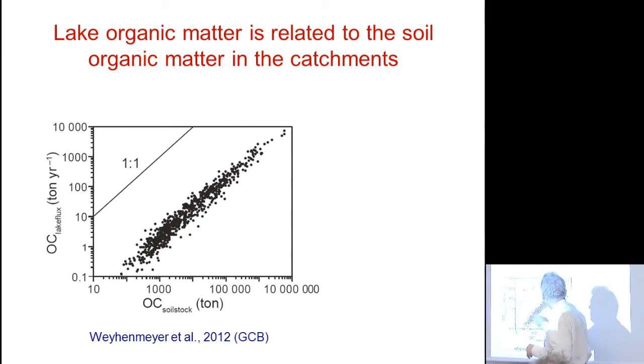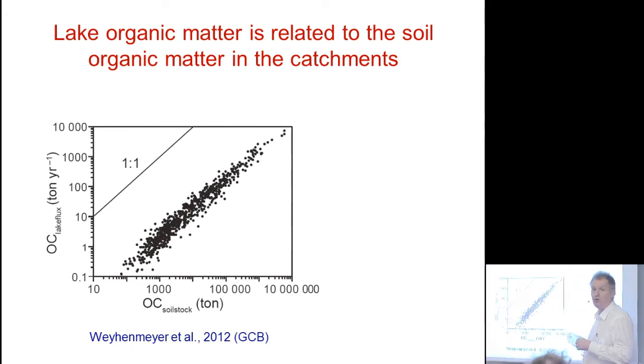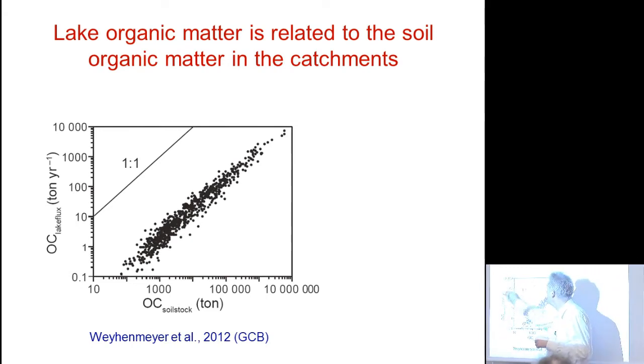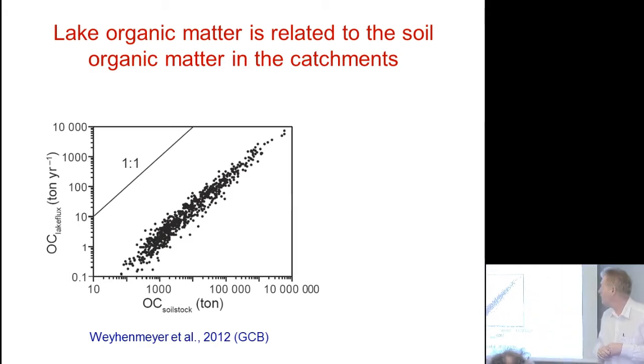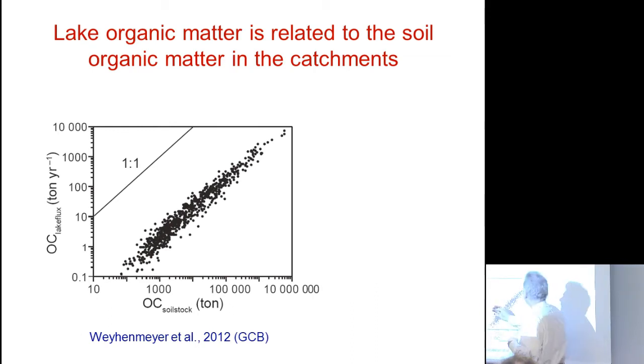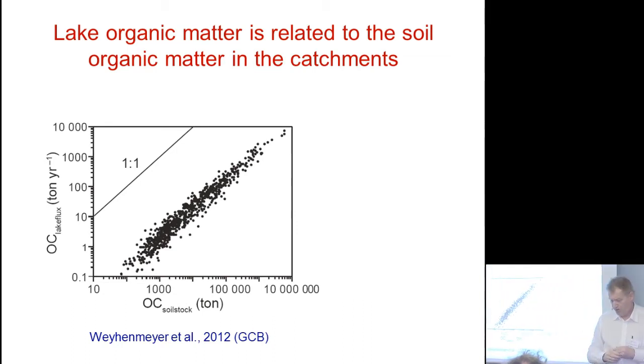You could see how nicely the organic content in the soil fits with the amount that is emitted to the lakes. And this is a 1-to-1 line, and you could see that this line is way over here, which means that maybe a per mil of the amount of carbon that is in the land is emitted, and that's reasonable.